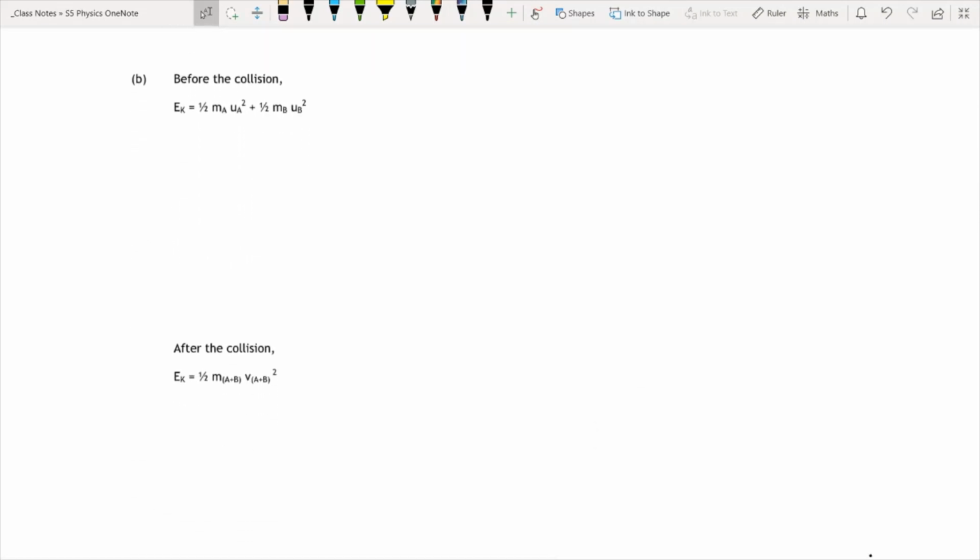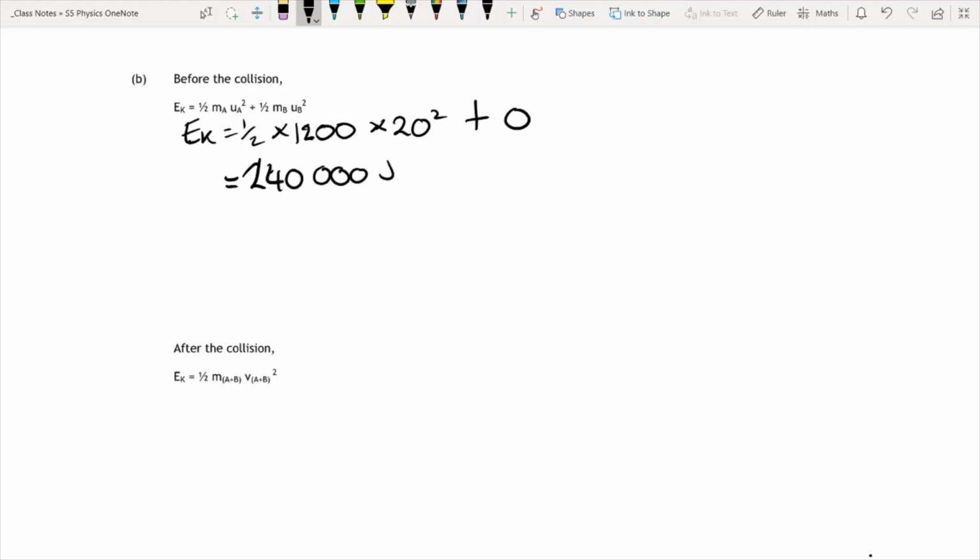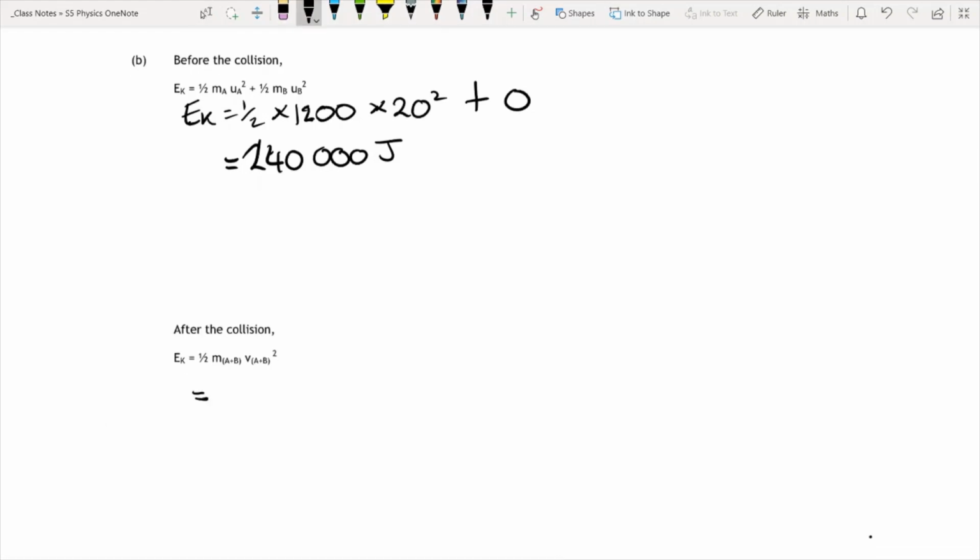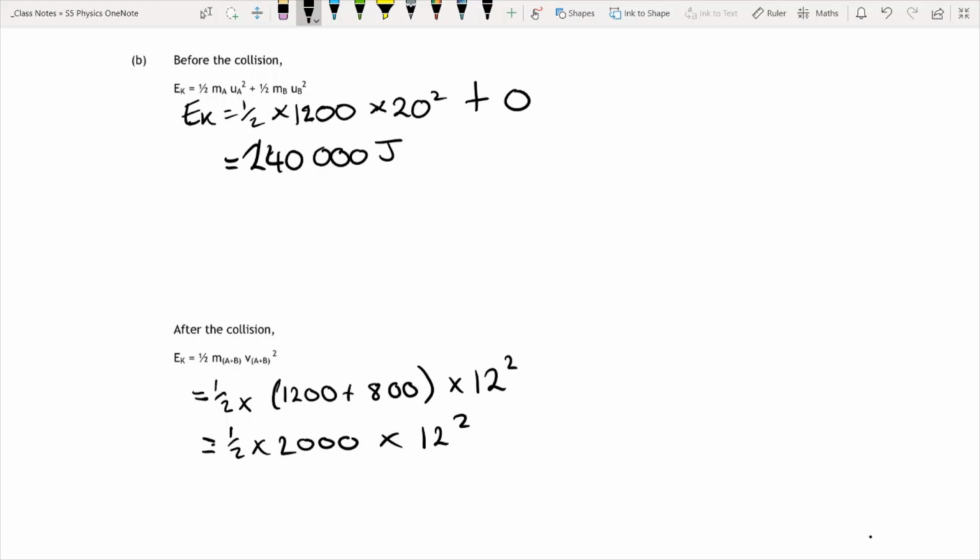I'll just write it on the board, but while you do it as well, so we can check that we get the right answer. Have you got this written up here? Yeah.